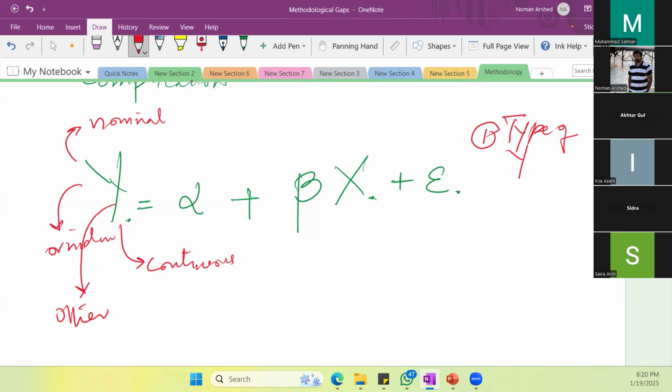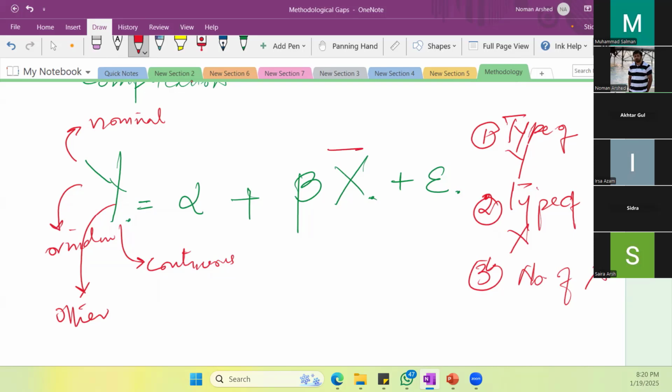Second thing is the type of x, and third is the number of x. How many are they and what type? If x are ordinal, I might use a dummy variable approach.